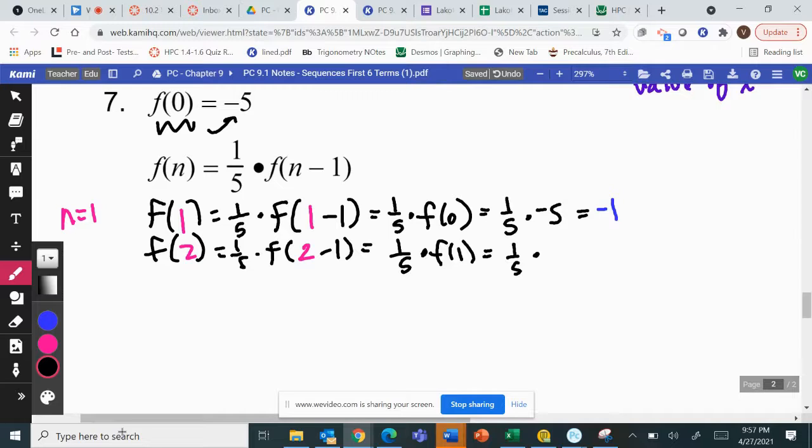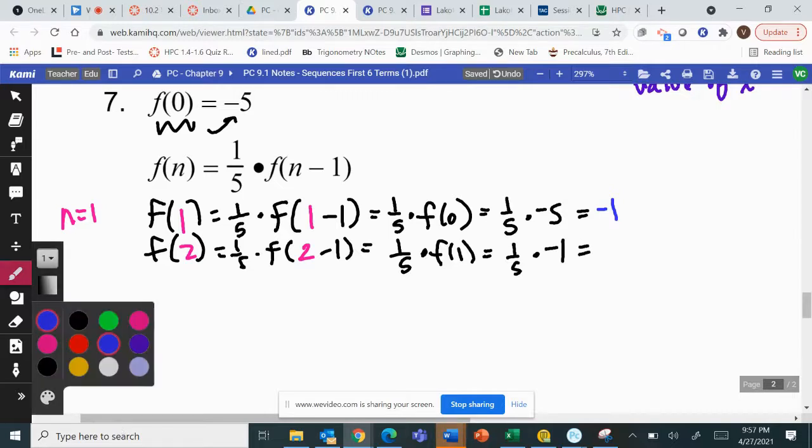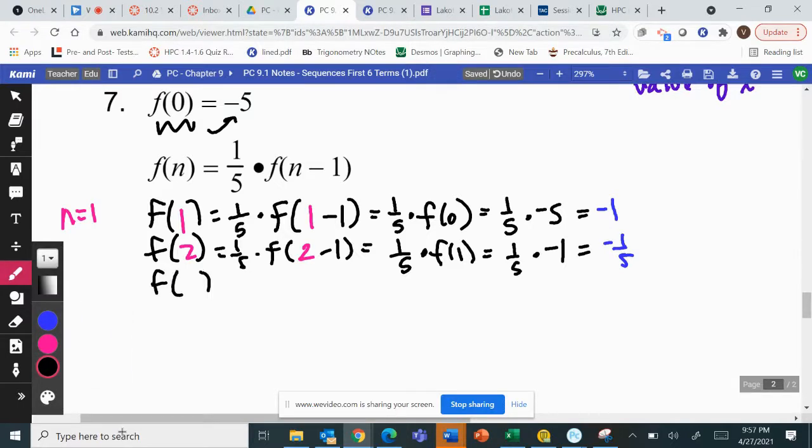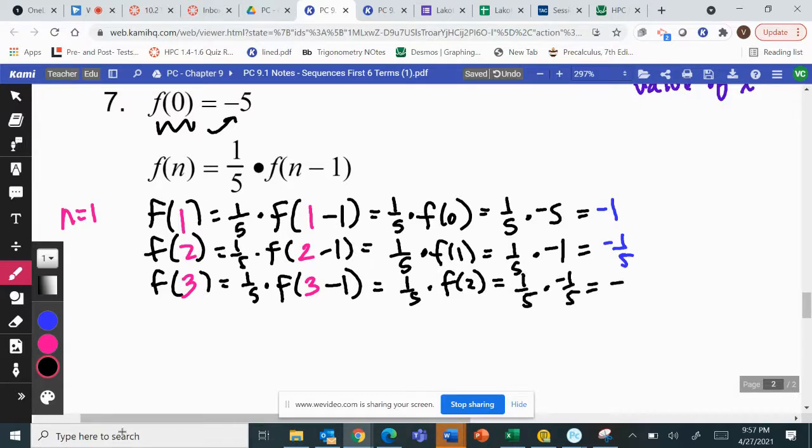So multiply that by 1/5 and I get negative 1/5. Now I'm following the pattern before I put the numbers in. There we go. So f of 3 is going to be 1/5 of f of 3 minus 1. So 1/5 multiplied by f of 2. So 1/5 multiplied by f of 2, which is negative 1/5, gives us negative 1/25.